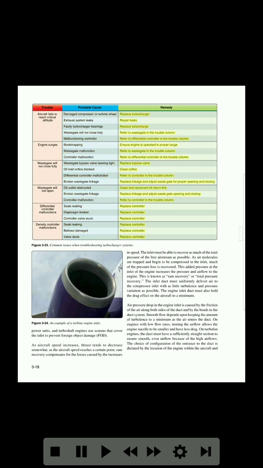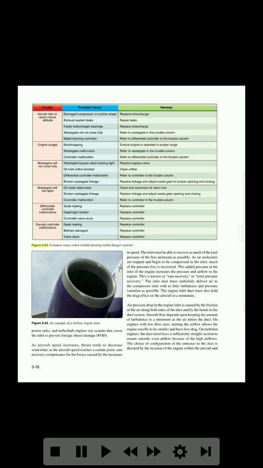Remedies: replace turbocharger; repair leaks; refer to wastegate, differential controller, or controller in the trouble column; ensure engine is operated in proper range; replace bypass valve; clean orifice; replace linkage and adjust wastegate for proper opening and closing; clean and reconnect oil return line; replace controller.